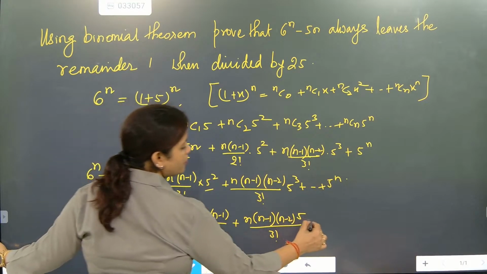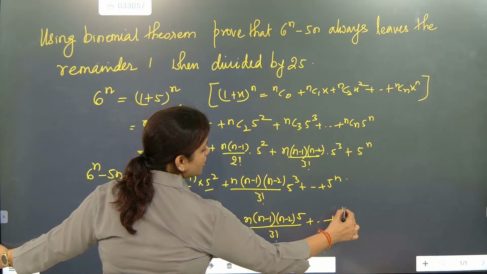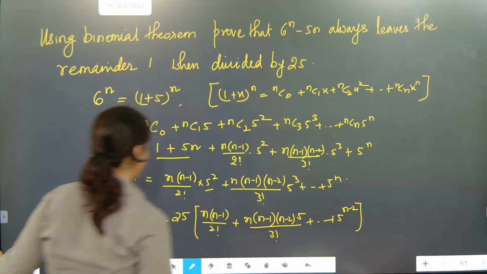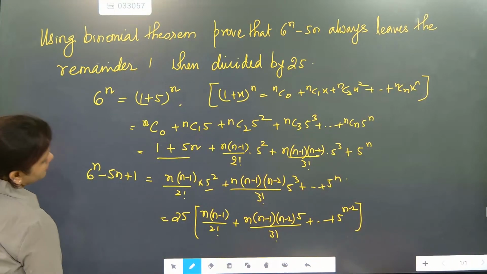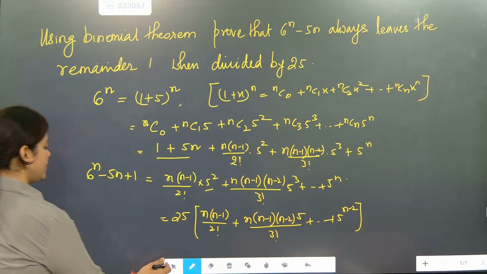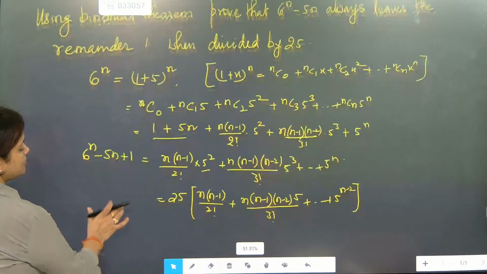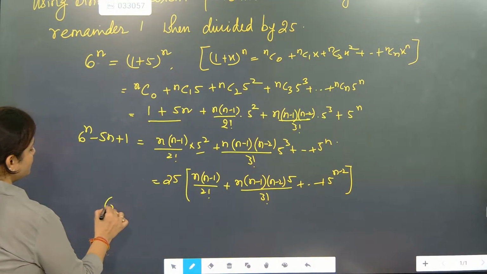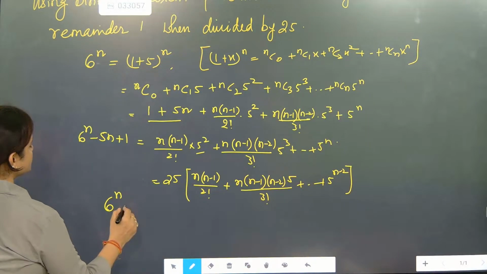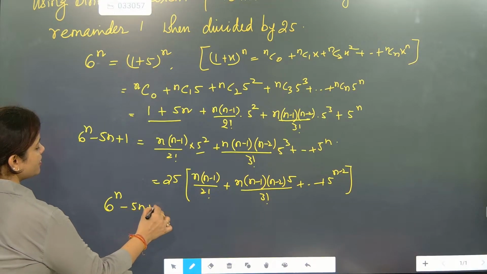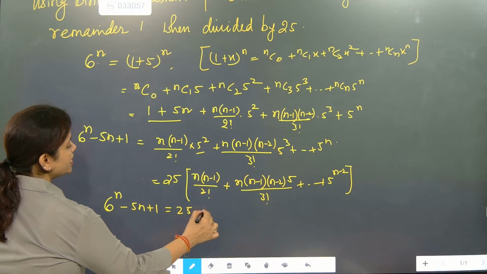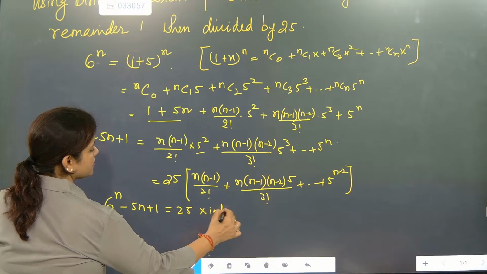And 5 to the power 2 from the last term also taken out, it will become 5 to the power n minus 2. 25 came. Now everything we got. But our biggest problem is this side. Our problem is 6 to the power n minus 5n plus 1 is equal to 25 into integer.